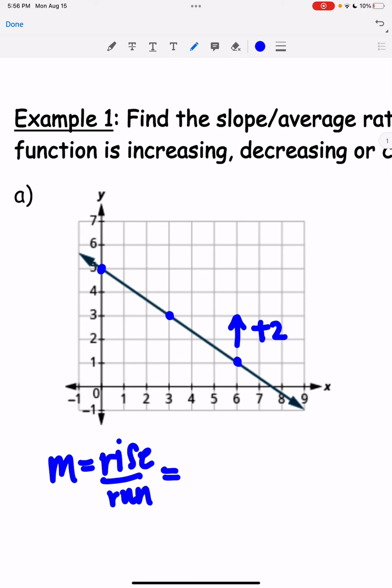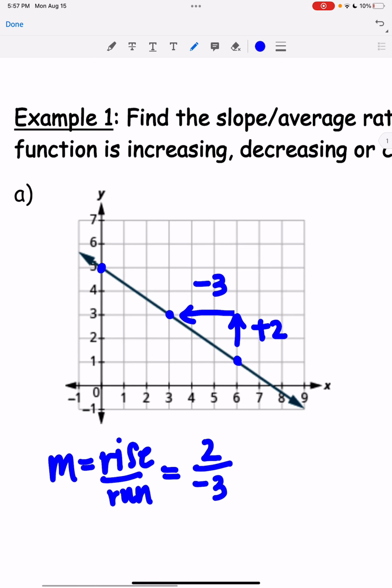And notice I put a plus. Those do matter. So we're going up a positive direction of 2. And then my run is 1, 2, 3. But because we are now going in the negative direction towards the left, we are running a -3. So you would look at these numbers afterwards. Can you reduce them? And the answer is no. So that is our final answer.